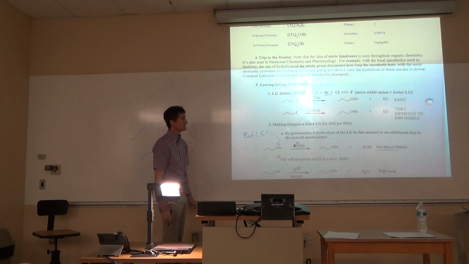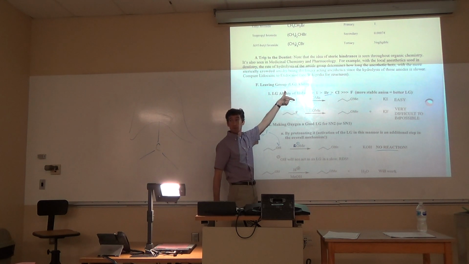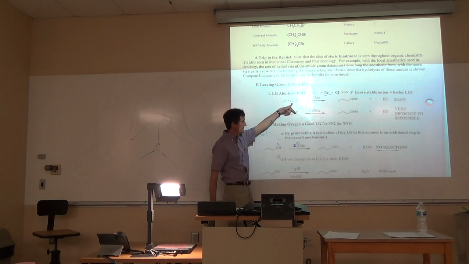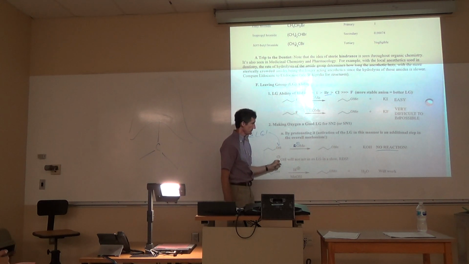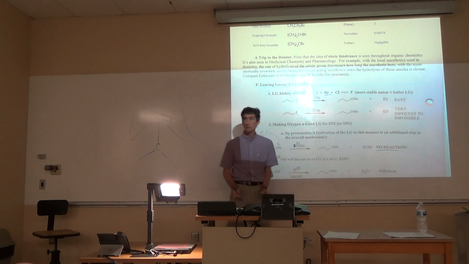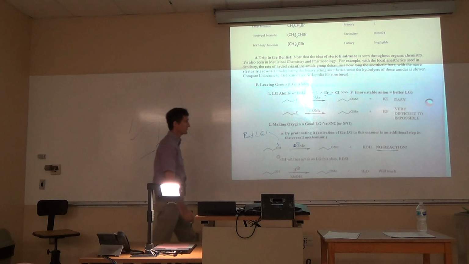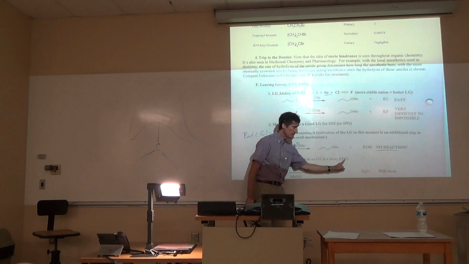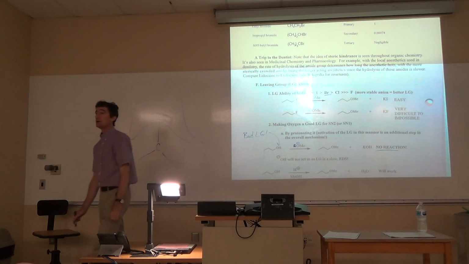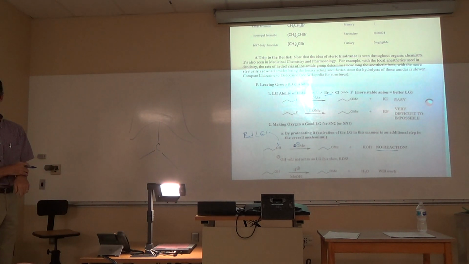Bad leaving group. If it was an iodine, it would work. Good leaving group, bad leaving group. Hydroxide will not act as a leaving group in a slow rate determining step. Why do I say slow rate determining step? Because it actually will leave in a fast step. When you get to organic 2, you'll see leaving groups leave in fast steps. Hydroxide can leave there, but it cannot leave in a slow rate determining step.